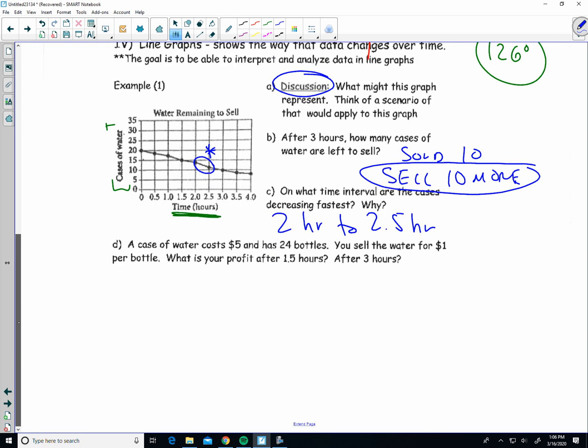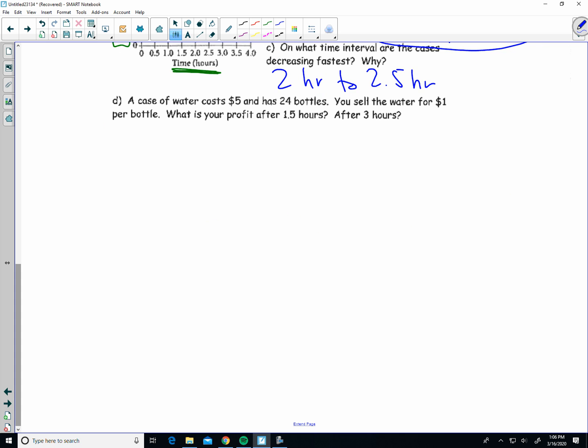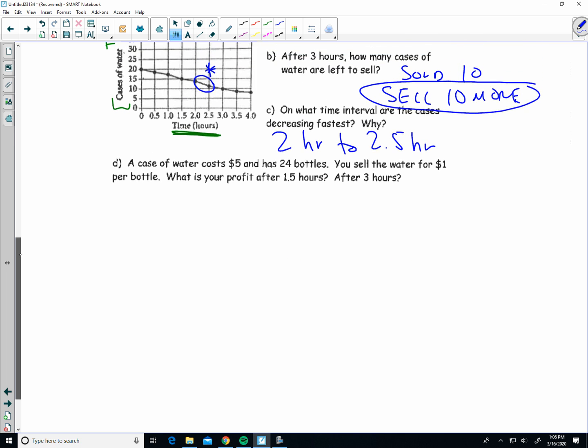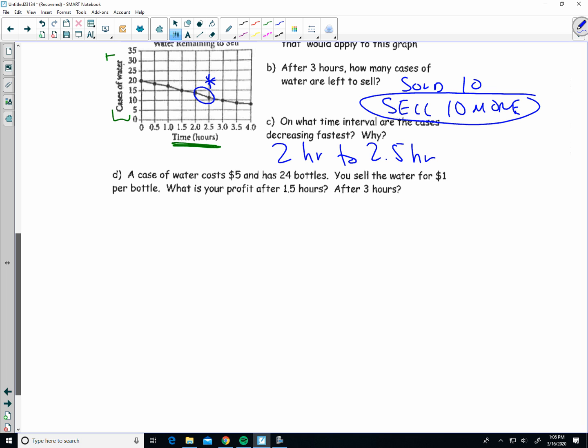And the last question, here's a really good one, just about the connection between how much we spend on the water and how much profit we make on the water. So a case of water costs $5, and we turn around and sell each bottle for $1. So the big question, of course, is how do we figure out the profit on that?